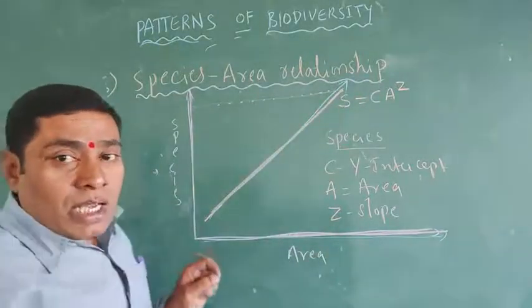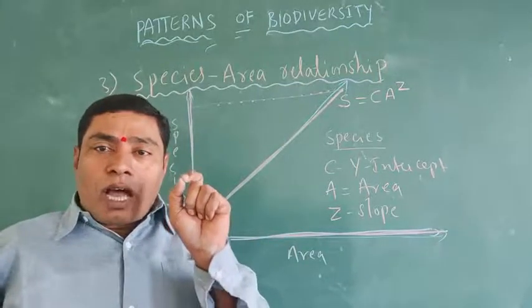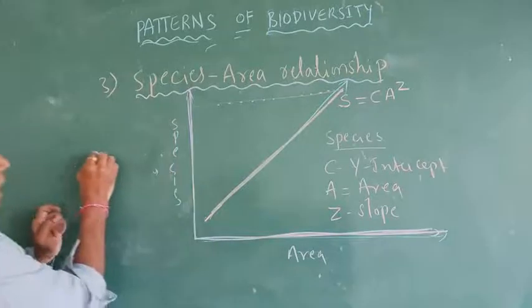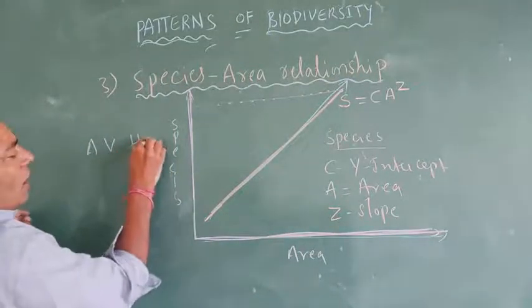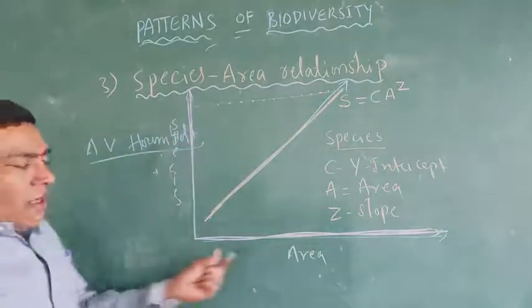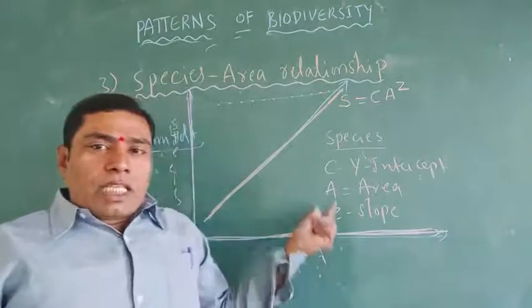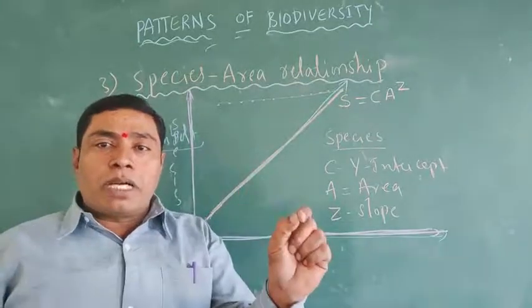But according to Alexander von Humboldt, when the area increases, the species richness also increases, but only up to a maximum level.